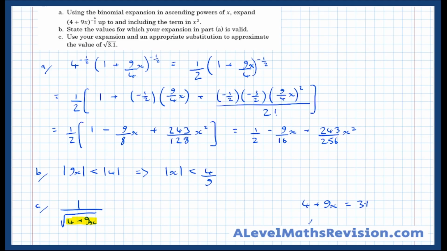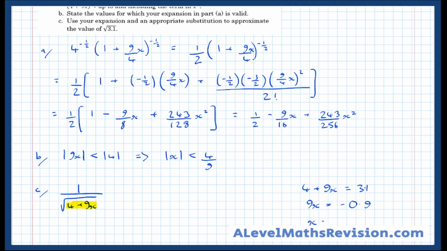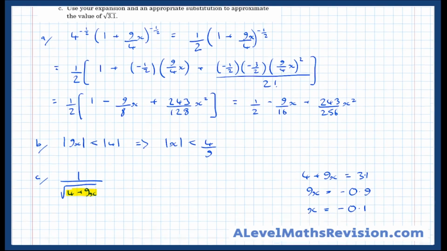Well, that means that 9x equals minus 0.9, which means that x equals minus 0.1. I can sub minus 0.1 in there to get 3.1 in the bracket. So if I sub x equals minus 0.1 in there, I get 1 over the root of 3.1. So let's do that.